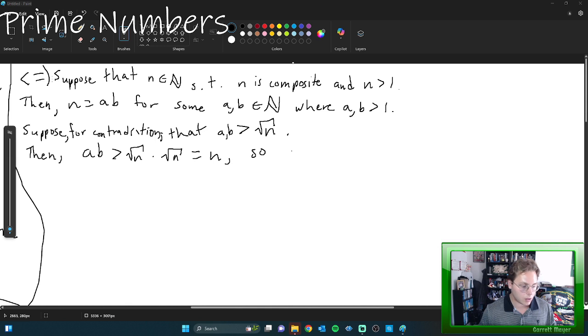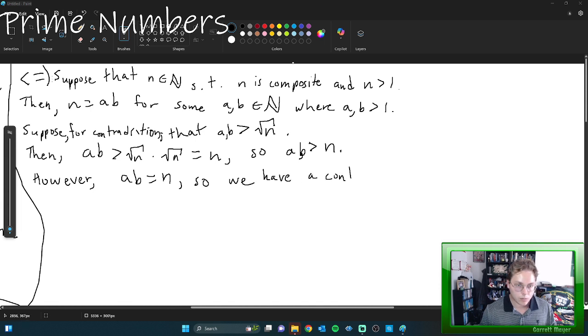So ab is greater than n. However, ab equals n, so we have a contradiction. This means that at least one of a and b is less than or equal to the square root of n.